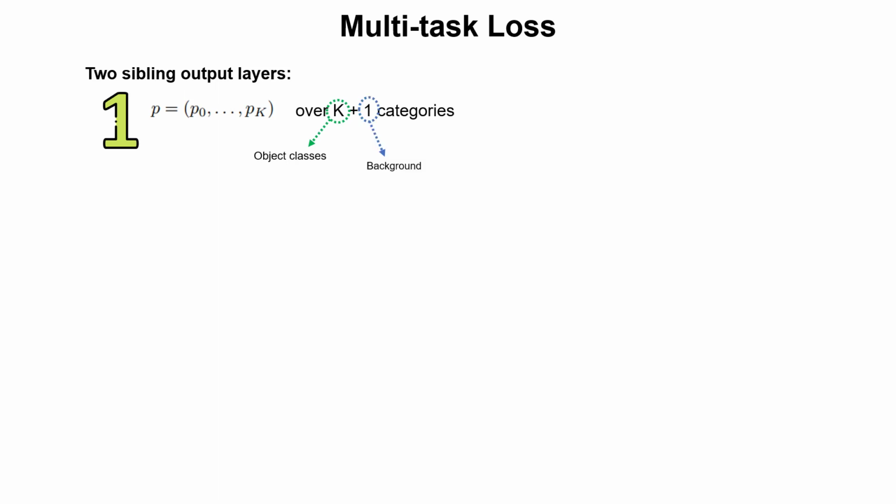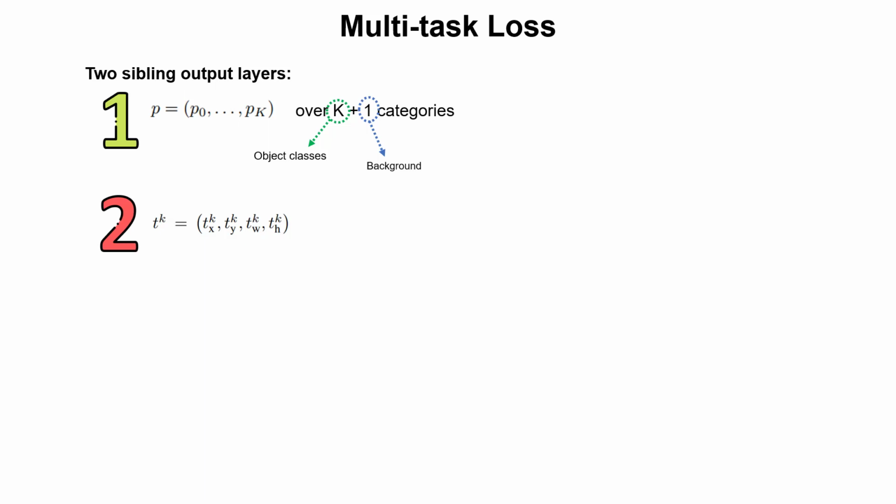The next output layer is our bounding box regression output. Note that the index k here means it is separate for each object class. And also note from the previous video that it is not what is produced directly by our output layer, and there is a transformation applied before to tweak the bounding box produced by selective search a little bit and produce this vector we can see here.